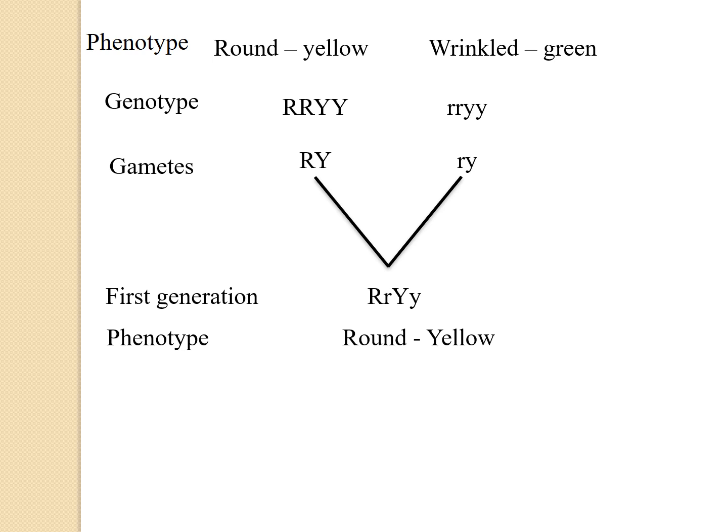So when you are taking a dihybrid cross, normally the first generation is going to have the genes of both dominant as well as recessive, but the phenotype will be of the dominant. So here the first generation plant has got the qualities or the physical appearance of the dominant parent, that is round yellow. Now we will see the next part where you're going to take this forward.